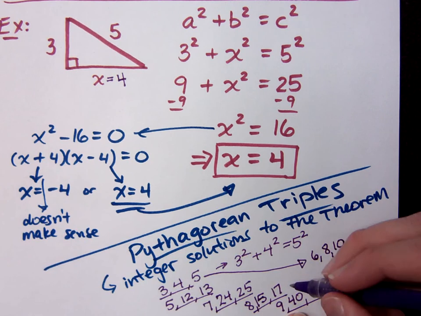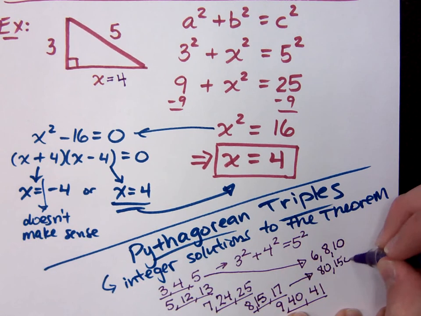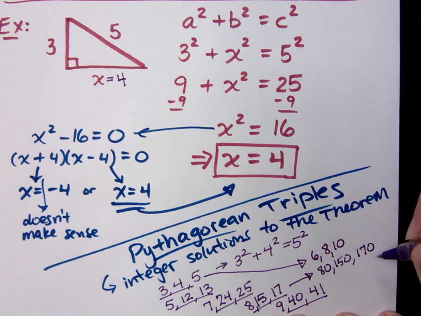Or what if I took this guy right here and multiplied everything times 10? So if I had 80, 150, 170, that would also satisfy the Pythagorean theorem. I could divide by the same number, so I could have fractions here. But as long as it's based off of this Pythagorean triple, then it's going to be very nice.